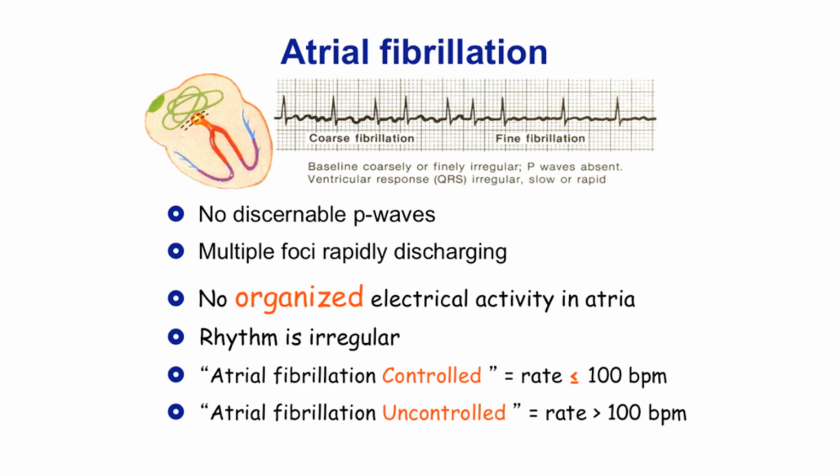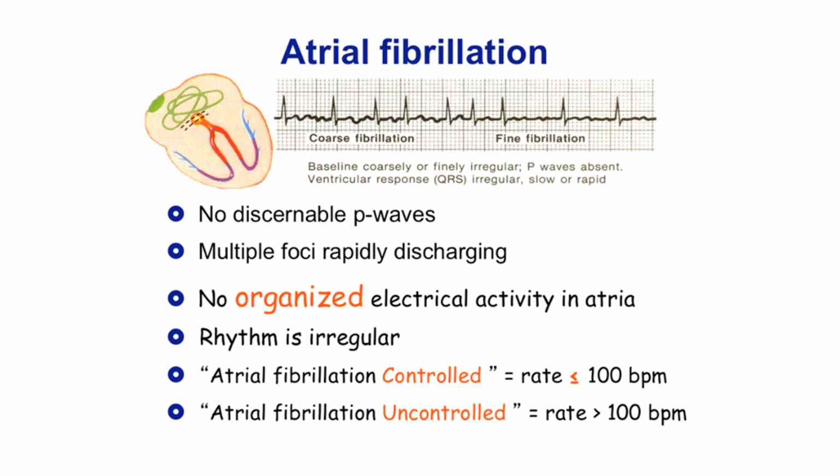They're not having a good squeeze, they're still fibrillating or quivering, but it's very active. If those P waves go down to fine fibrillation, we can see that the P waves are less noticeable. That electrical activity in the atrium is slowing down. It is not as active as in coarse.